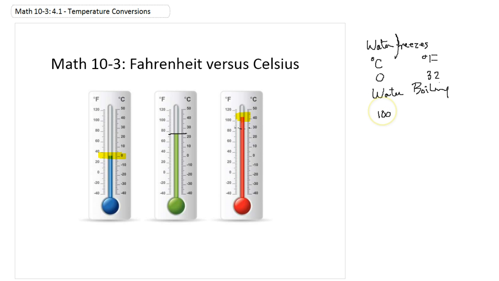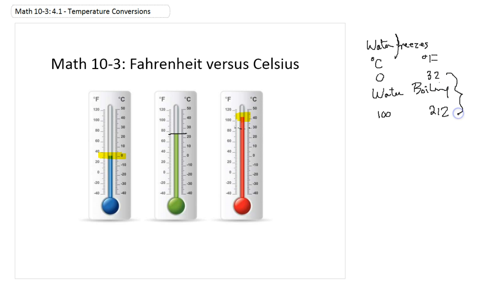And so that's actually how the Celsius degree was set. If we look at when water freezes and when it boils, we take that difference and split it into 100 pieces. In Fahrenheit, and I don't know the background behind it, we have 212 degrees.